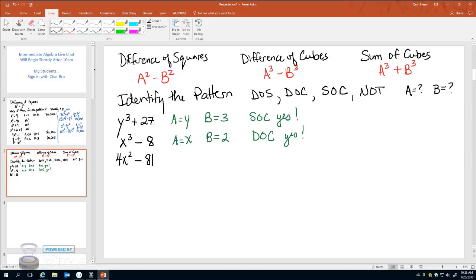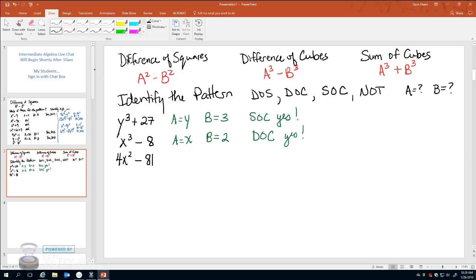So again, it's a binomial, so it could possibly be one of these three patterns. It's a difference, so it's either the difference of squares or the difference of cubes. We know that because it's subtraction. Now we just need to figure out if each term can be written as a perfect square, perfect cube, or neither.